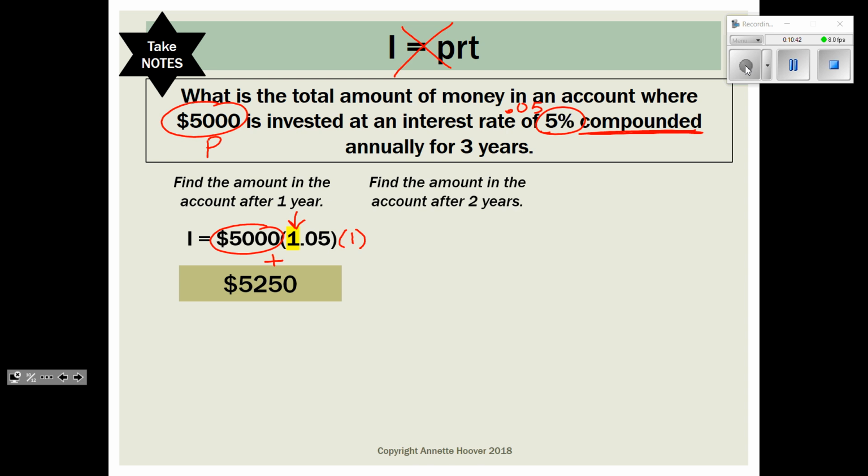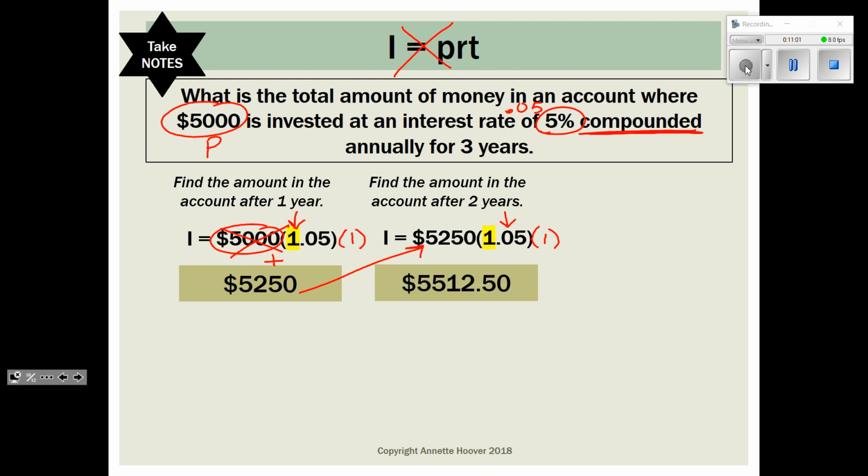For the second year, the principal changes. You no longer use the $5,000, you use the $5,250. Multiply it times the same rate times 1 year. This is going to be year 2, but it's for the next year, so you multiply it times 1. Now in your account you have $5,512.50.